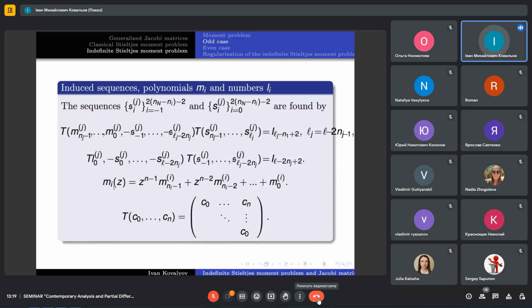And the recurrence sequence S can be found in the following way.